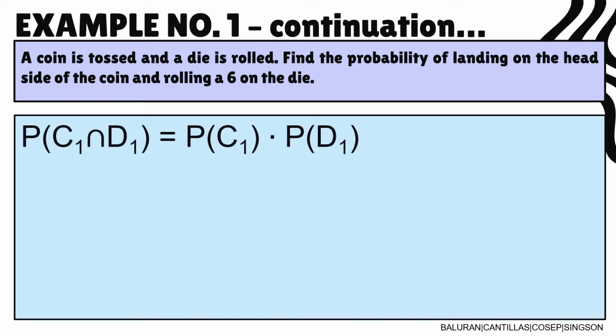So to find the probability of the two independent events, we have the probability of the intersection of event C sub 1 and event D sub 1 is equal to the probability of event C sub 1 times the probability of D sub 1.